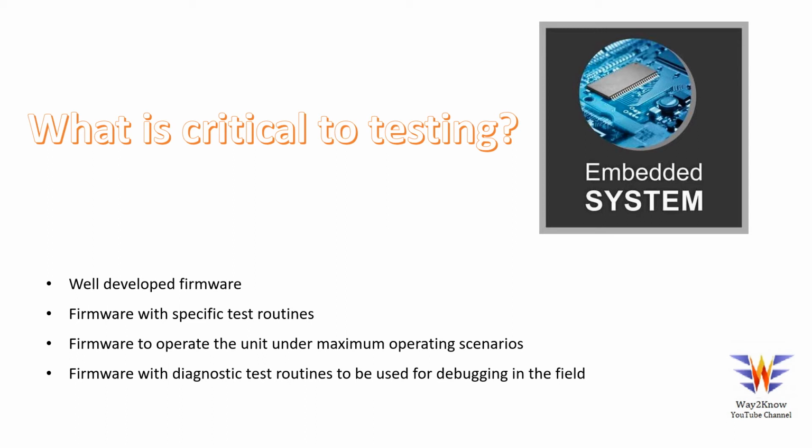And then the firmware which he develops should include specific test routines. For example, let us assume a processor board which has a memory, and we have to test whether the memory is functioning properly or not. We could have a routine for that.